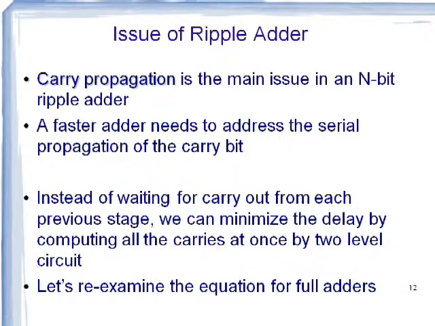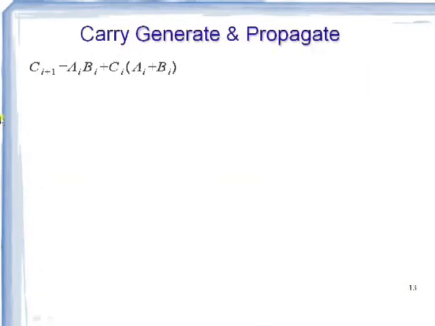So let's re-examine the equations of the full adder, that is, the carry equation of the full adder. Ci+1 equals Ai Bi plus Ci (Ai plus Bi). If you substitute i equals 0, then it becomes C1, which is nothing but the carry in for the first stage.